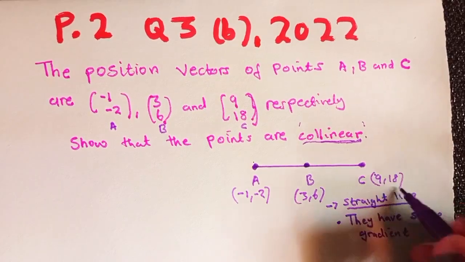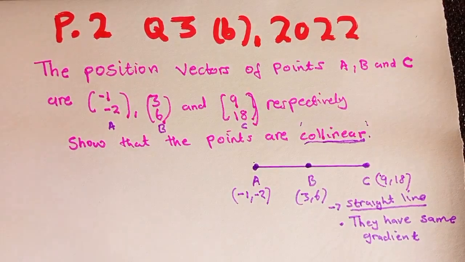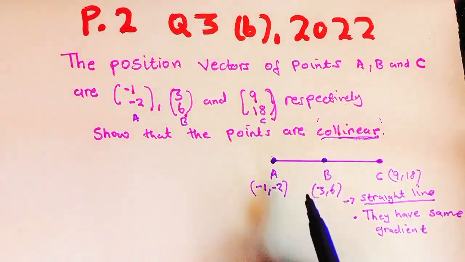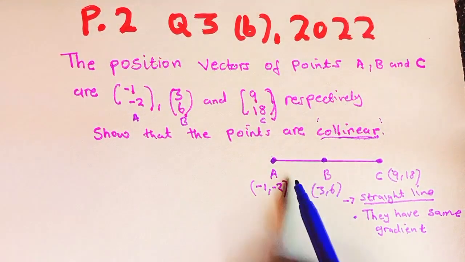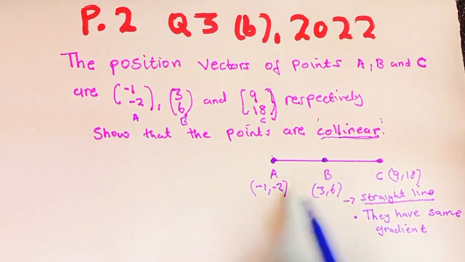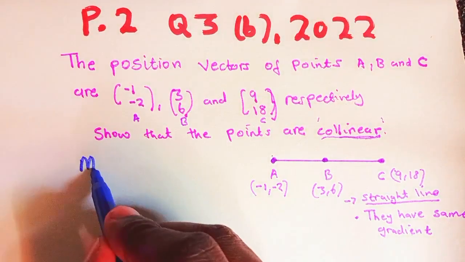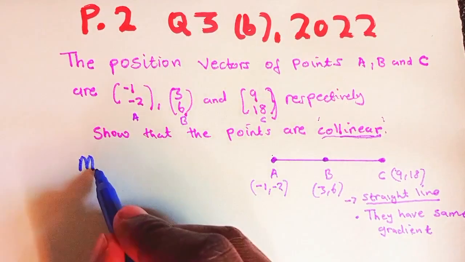Right. So let's see how we can go around this one. What we are going to do is to find the gradient AB, the gradient BC, and the gradient AC.